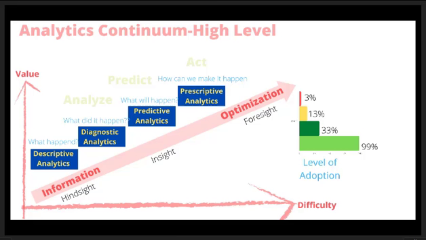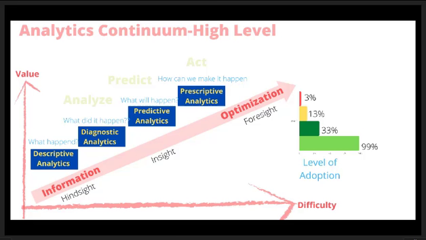So diagnostic analysis is why did it happen. An example could be that there are two southern states where the revenue has been dropping. So you will know from diagnostic analysis what those two states are and what the impact is on the overall revenue.